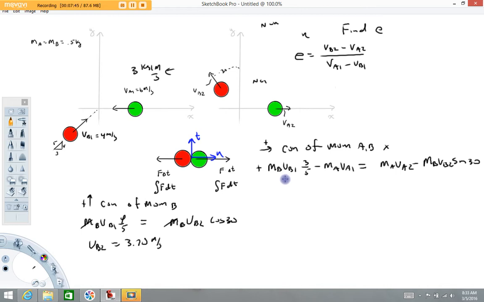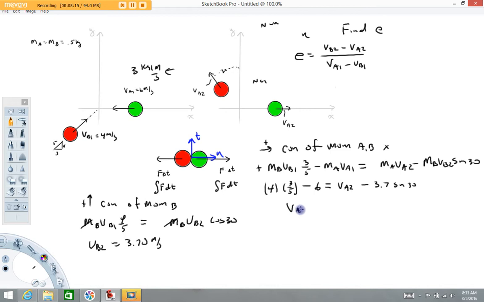Let's see, we're going to have VB1, so that's going to be 4 meters per second times 3/5, minus VA1, which is going to be 6 meters per second, equals, and again this divided out, VA2, I would like to know, minus VB2 sine 30. So that's going to be minus 3.7 sine of 30 degrees.